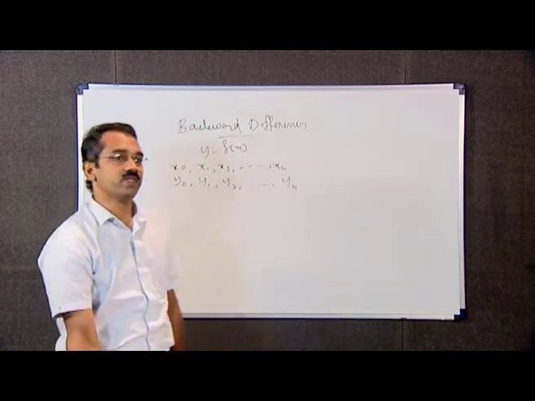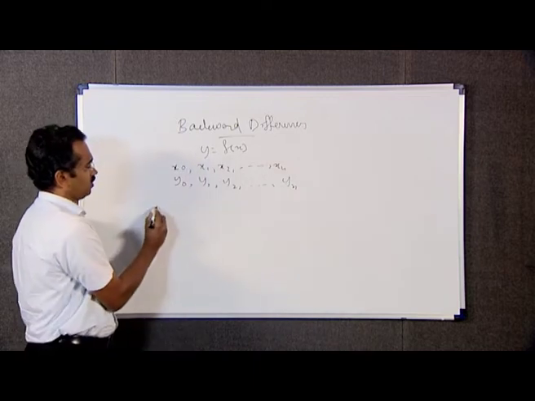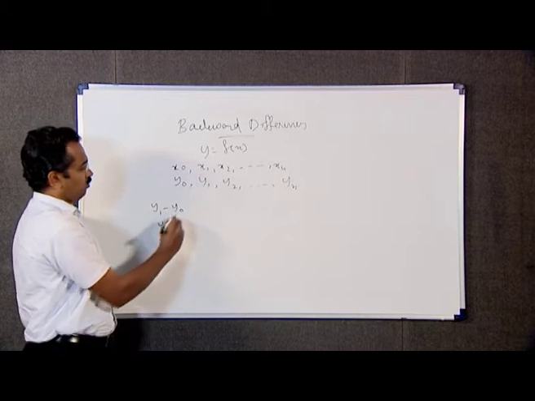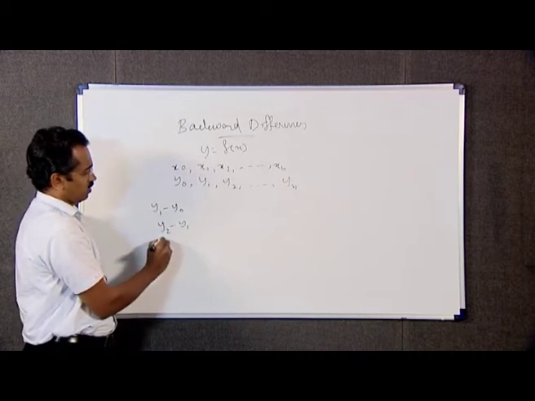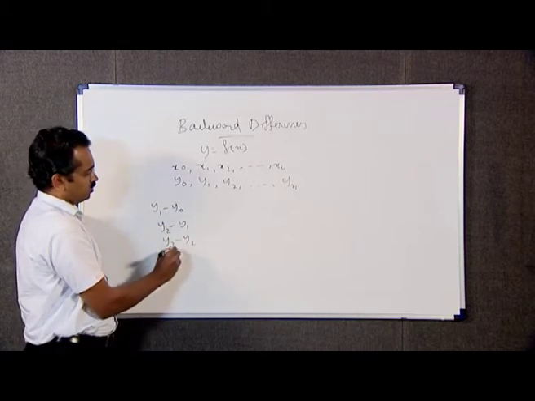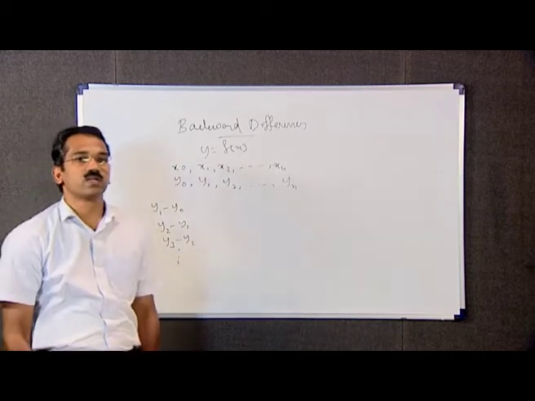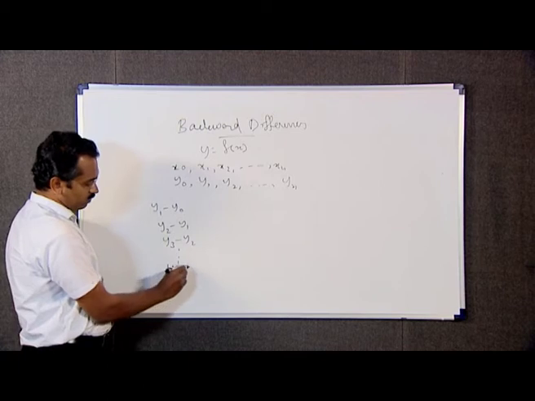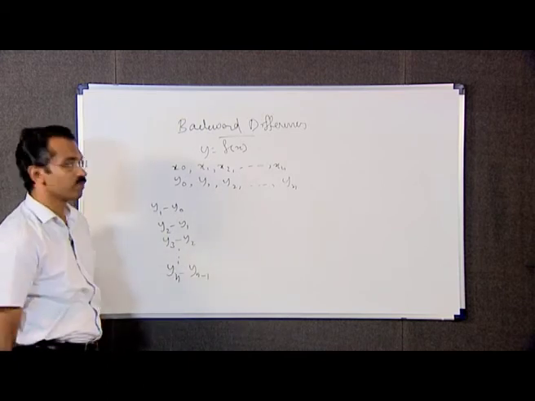Then we can write the differences y 1 minus y naught, y 2 minus y 1, y 3 minus y 2, etc., in general y n minus y n minus 1.